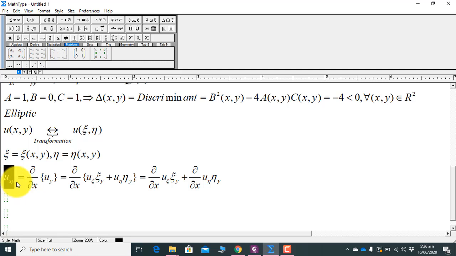And now in the next step uxy will be equal to, now apply the chain rule. There is a product u_xi xi_y and u_eta eta_y. So how will you do that? What is partial over partial x in the chain rule?